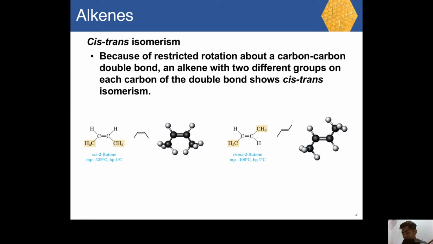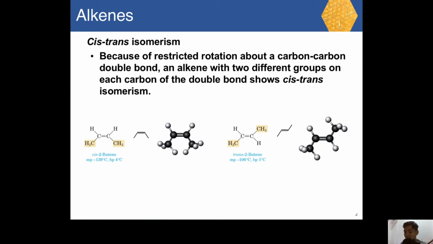Yung position ng iyong priority group, no? So, if ang iyong priority groups ay parehas na sa taas or parehas na sa baba ng double bond, then you have a cis alkene. Pero kapag sila ay nasa opposite side ng iyong double bond, yung isa nasa taas, yung isa nasa baba, then you have a trans alkene. Okay? Sa alkynes, walang ganon.